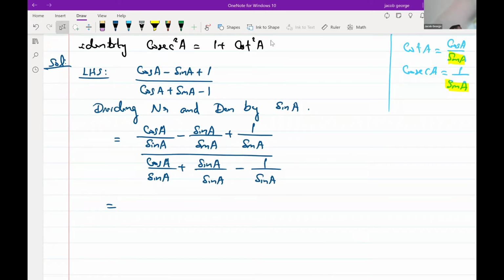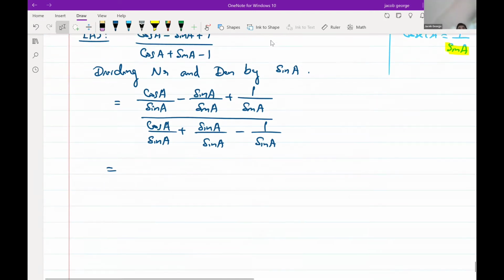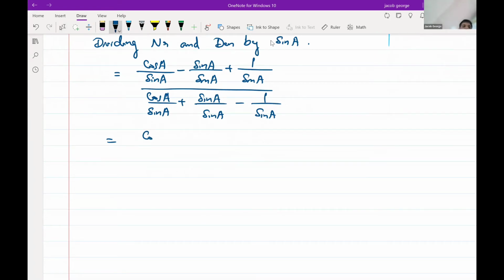So each term in the numerator I have divided by sin A, and in the denominator also each term we divide by sin A. Now, cos A by sin A is cot A. Sin A by sin A is 1. 1 by sin A is cosec A. So we will write this: numerator, cot A minus 1 plus cosec A. Denominator, cot A plus 1 minus cosec A. So like this, we will write it.